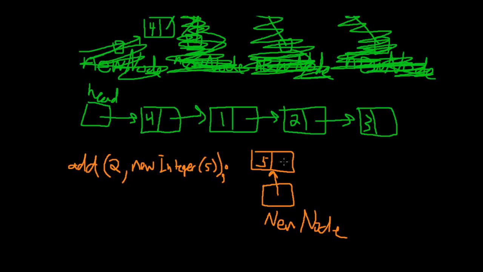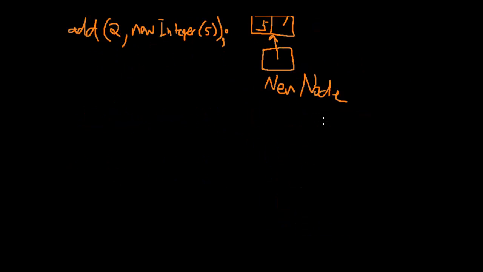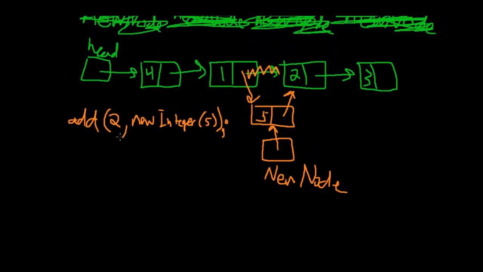So I want this thing's next to point to whatever its predecessor's next was pointing to. Because if I'm inserting it here, my net outcome is I want this to point here and this to point here. So I have to first point there, and then now I would point here.